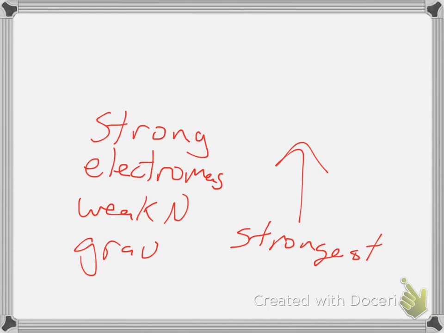Strongest going upward, so gravity is the weakest, then weak nuclear, then electromagnetic, and then finally strong nuclear force.